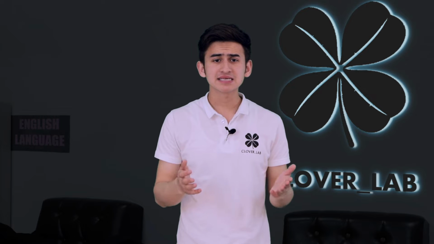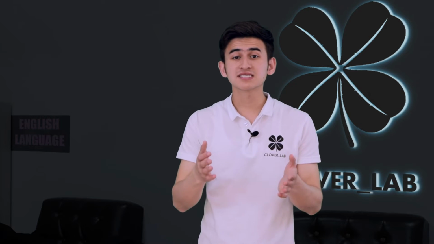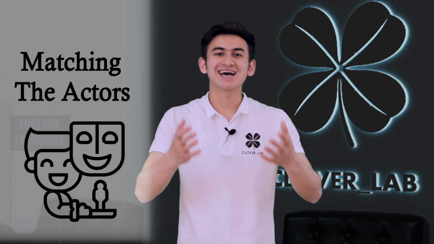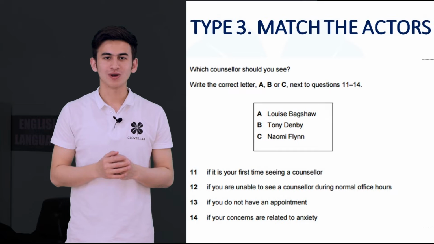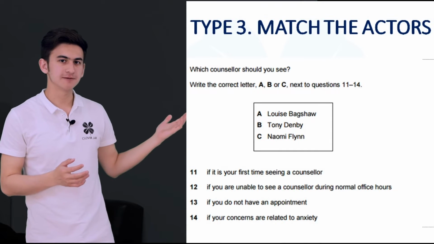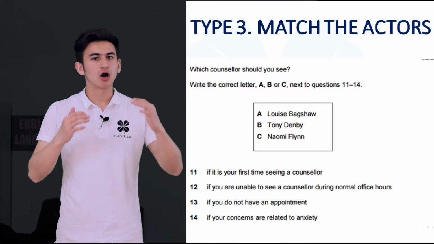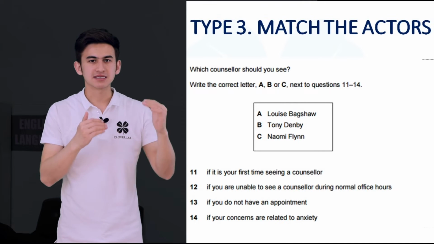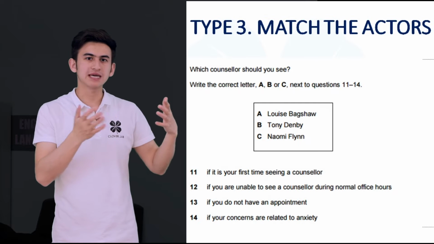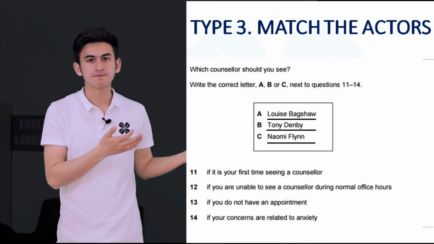Alright, let's see what we have for type number 3. Well, this type number 3 is called matching the actors. Well, if you look here again, you can see that there are options A, B, C, and there are people's names on it, right?